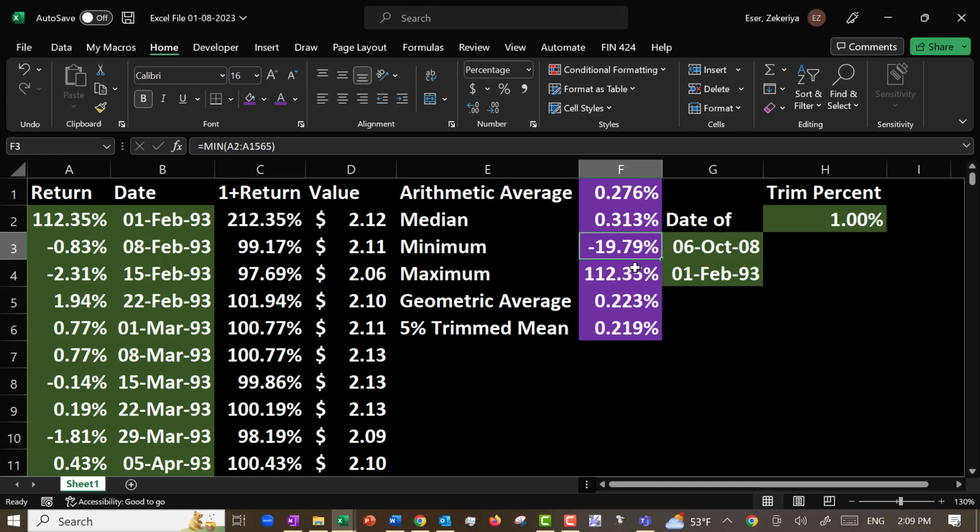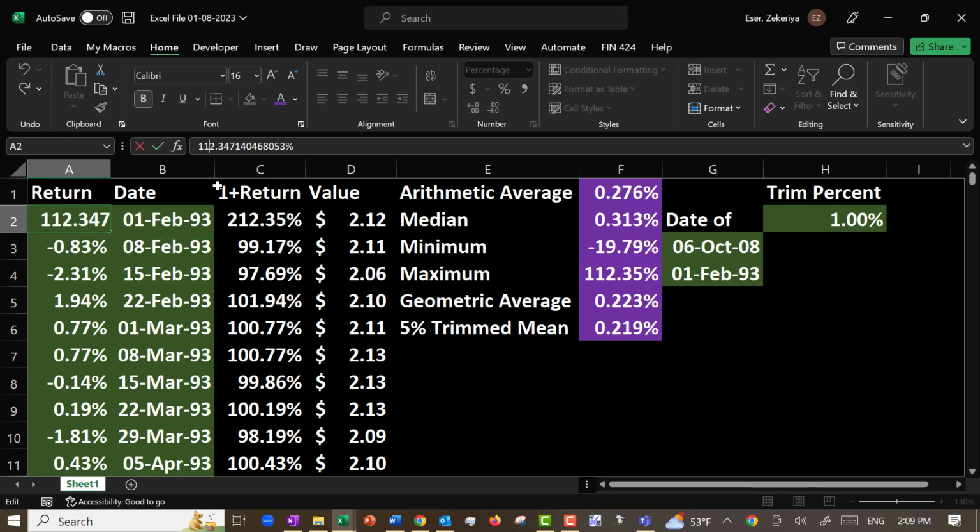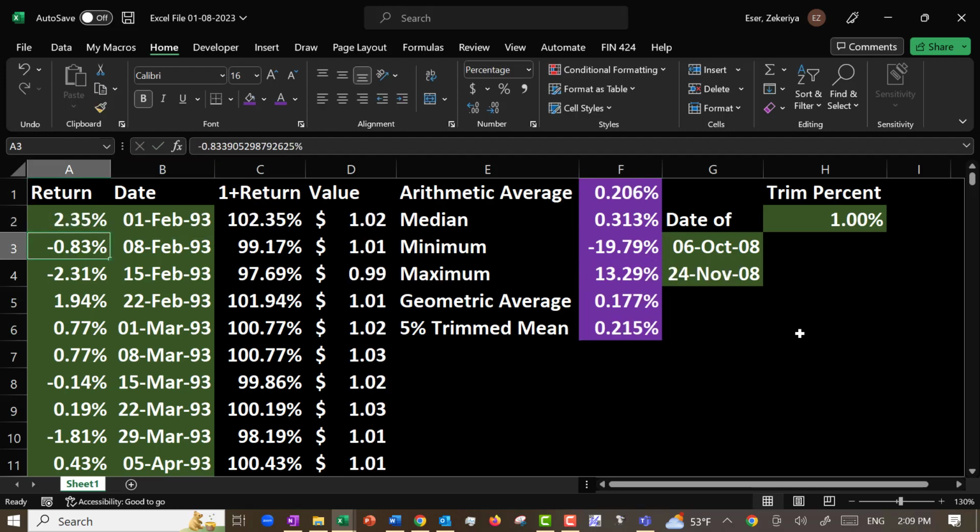Similarly, I'm going to get this back to where it was. On the 24th, market may have gone 60%. Trimmed mean still is going to be the same. So these are some more robust measures that also use almost all the information.